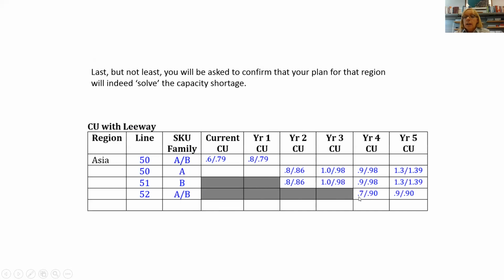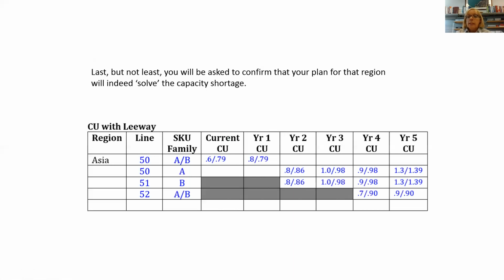As we split up that demand, we're still going to look at 0.9 and 0.9, and we're going to have that one take care of 700,000 of those cases. That's where I said that this math can get a little bit messy. You could still leave that at 1.0 if you would like to, but you'll notice that in year 4, at that point in time, we have 2.5 million cases that we need to make.